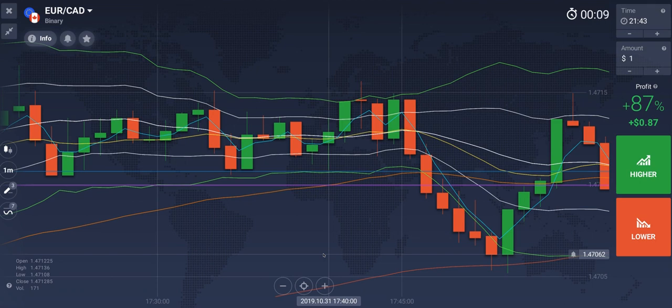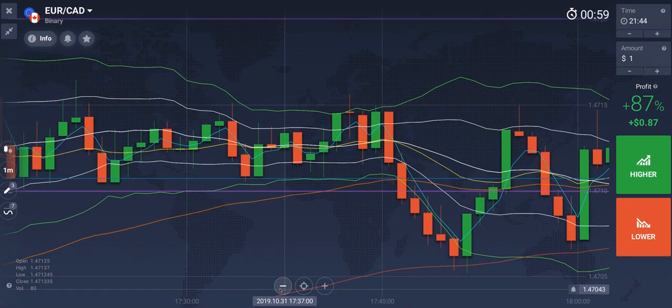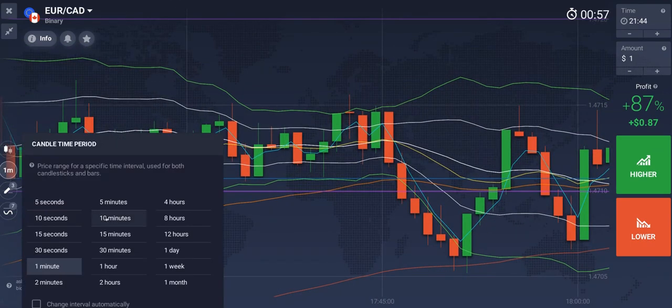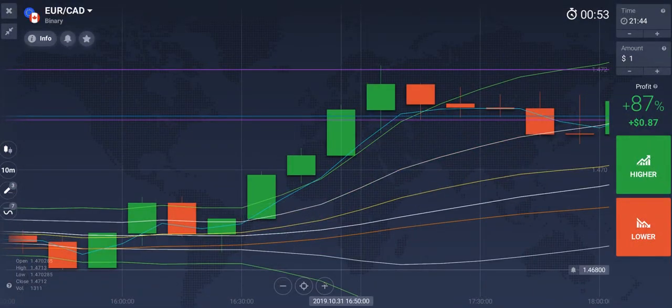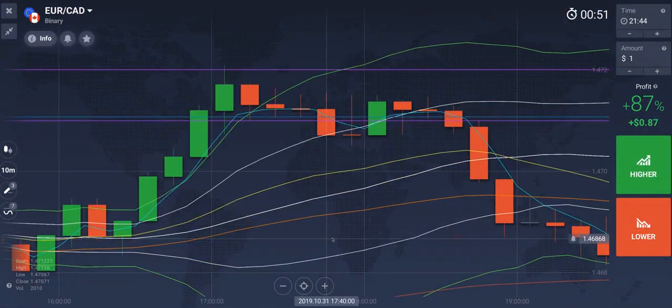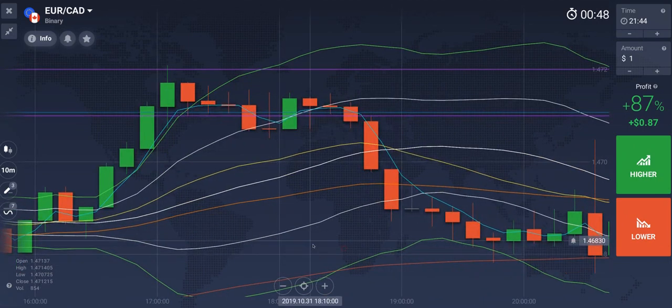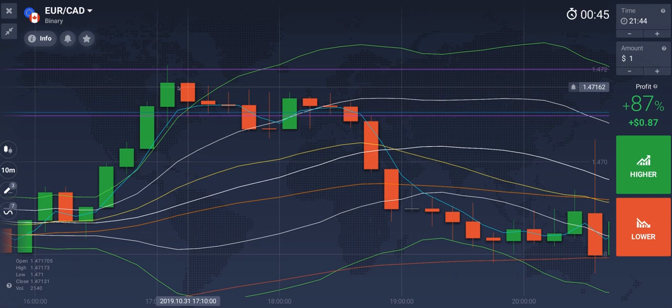Okay, so for example, if you see a consolidation happening in the 1 minute time frame, which means if you see a range in the 1 minute time frame, it actually means that it's a possible consolidation on a larger time frame. Okay, so you can see on the 10-minute chart, market was around here.